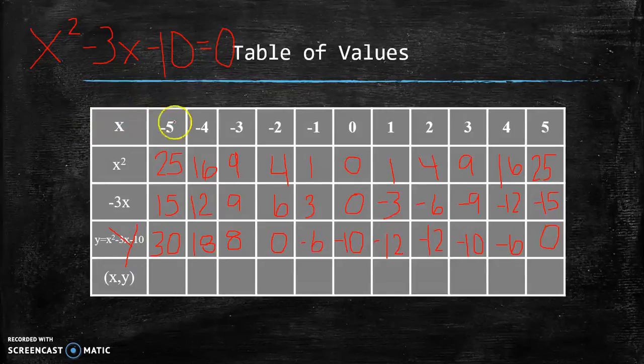So this whole row is equal to our y value, and this whole row is equal to our x value. So now we can combine them to get a coordinate. At first you would have negative 5, 30. The second one would be negative 4, 18.